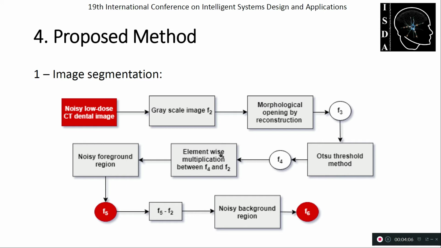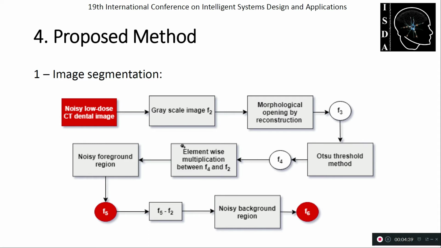So we start with a noisy low-dose image as input. We convert it to its grayscale level. We apply a morphological opening by reconstruction to improve the performance of the Otsu threshold method. In this step, we find the pixels that have high contrast when compared to the background region pixels in order to obtain the noisy foreground region.